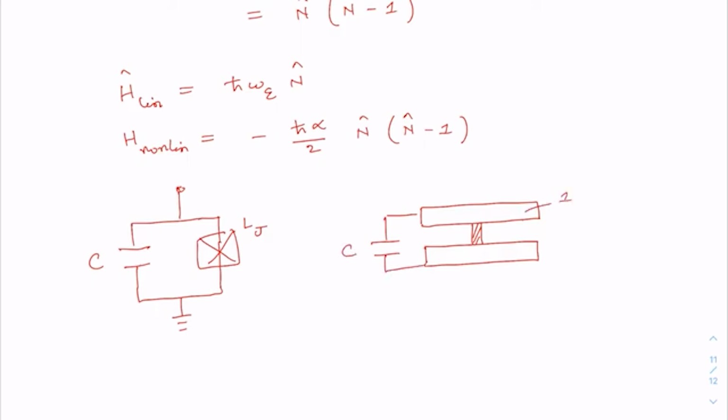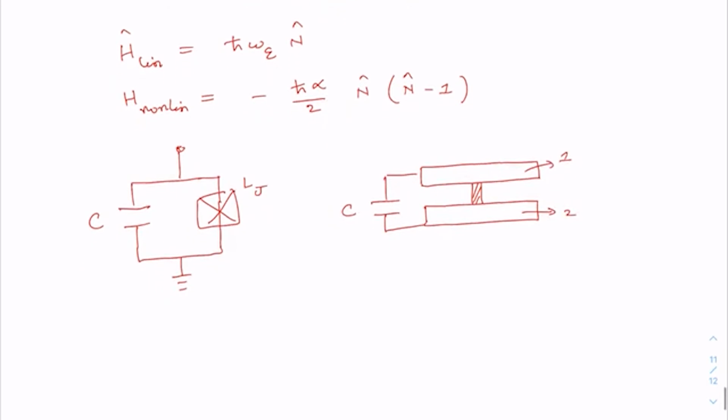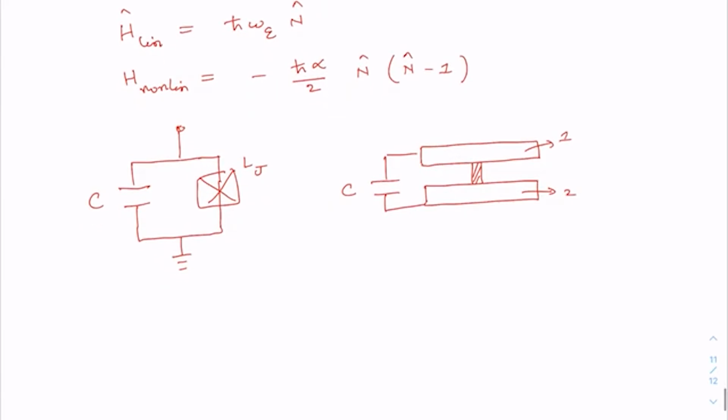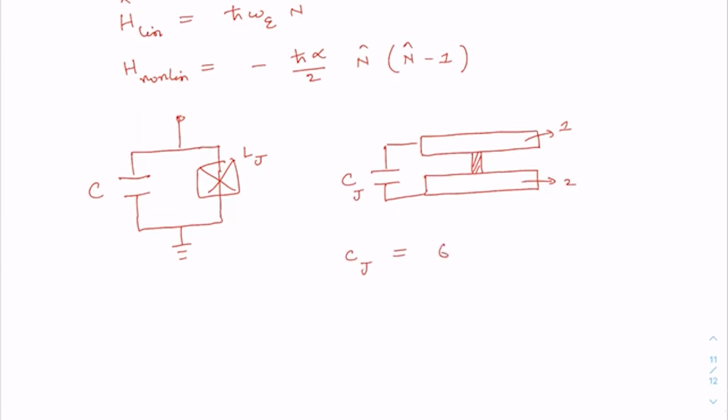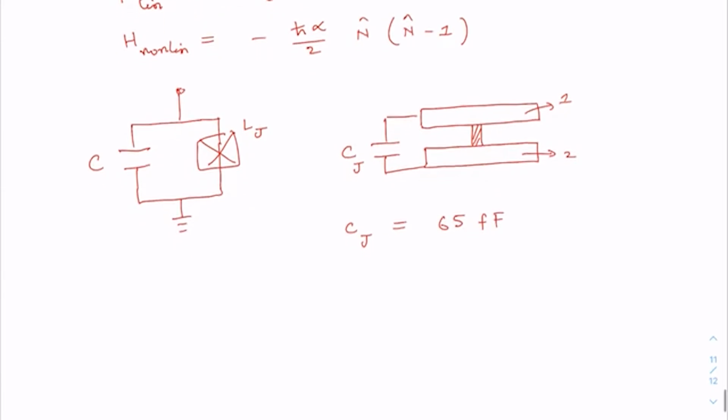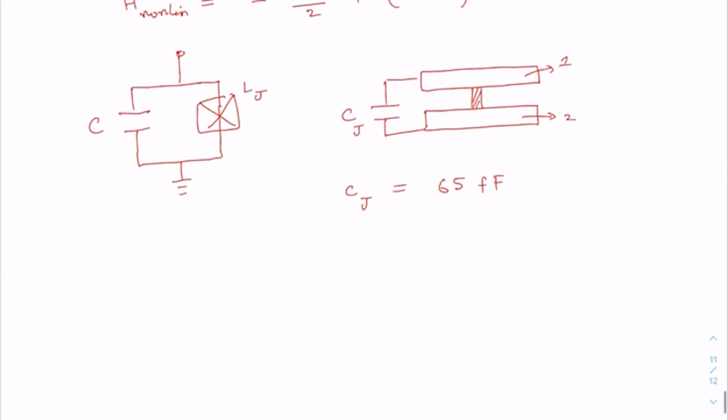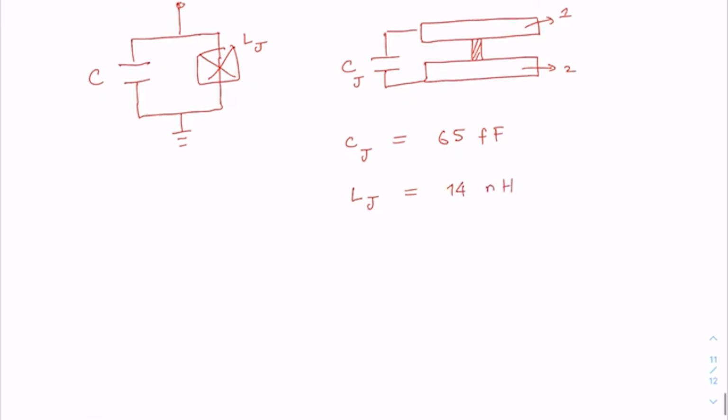This is say metal pad number 1, this is your metal pad number 2, and the capacitance in real experiments, the capacitance was taken to be around say 65 femtofarad, which is extremely small, and on the other hand the inductance was taken to be 14 nanohenry, which is again small.